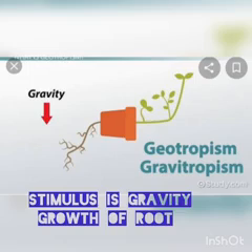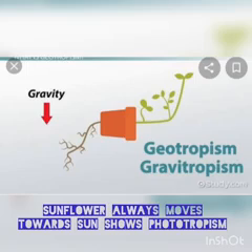If the plant's body development or growth is taking place towards the direction of a stimulus, that is known as positive tropic movement, and if that movement is happening away from the direction of a stimulus, that is known as negative tropic movement.